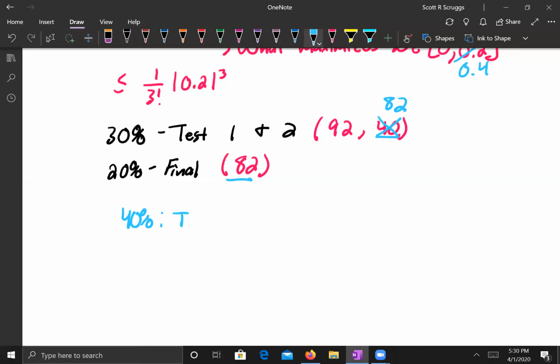It'll be 40% for test 1 and the final. So test 1 will now be weighed 40%, and test 2 and the final will be weighed 40%. I meant test 2. It would just get rid of that completely. Yeah, I'll pretend that test 2 never happened.